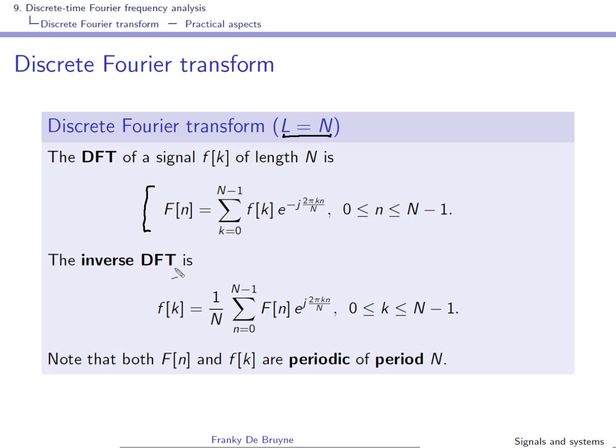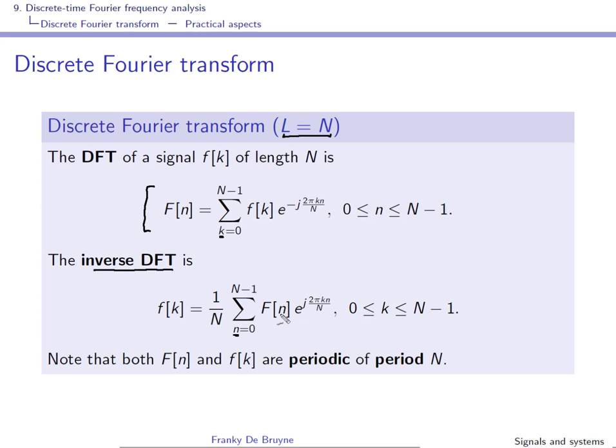There is of course an inverse discrete Fourier transform, and it looks a lot like the discrete Fourier transform. What are the differences? Well, here the sum ranges over n, whereas there it ranges over k.